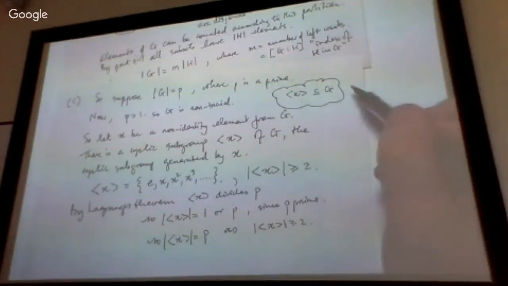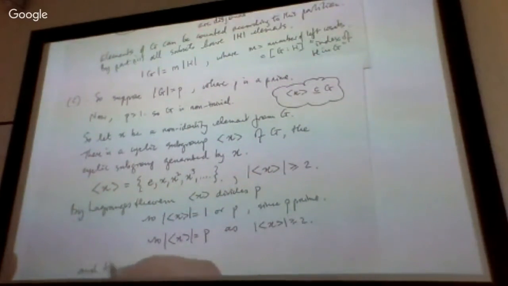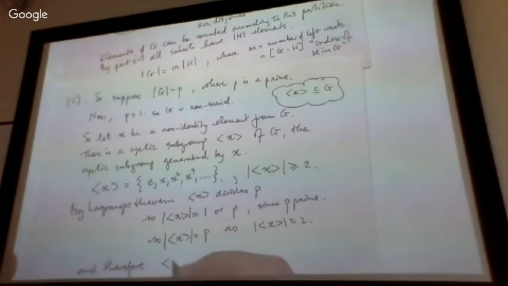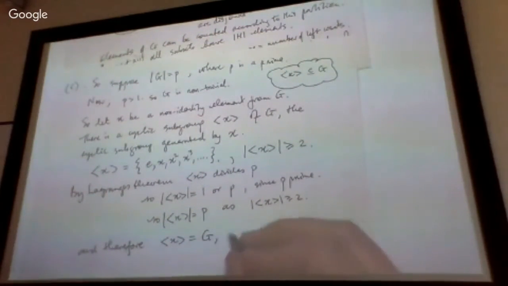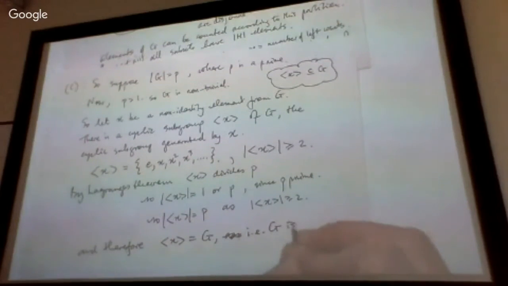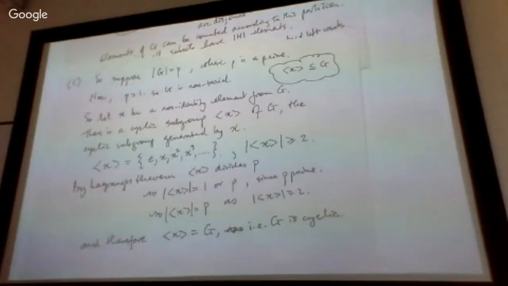So it must be all of G, not actually a proper subset. Therefore, the subgroup generated by X is equal to G. And that's the conclusion: G is cyclic. That's the definition of a cyclic group, a group that is generated by a single element.